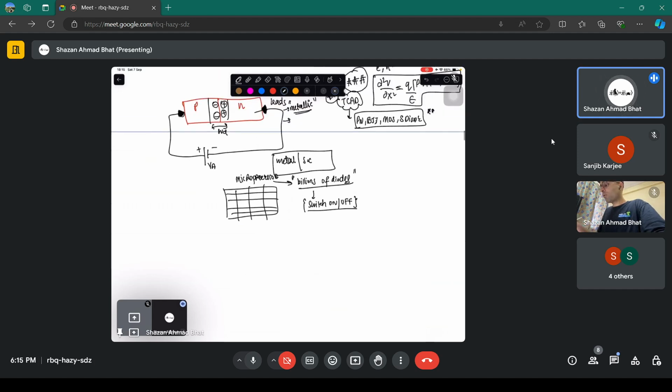And you know that a diode is used to switch things on and off. If you apply forward bias, you have turned it on. If you apply reverse bias, you have turned it off. And by this, you get control of something like 1 0 1 0. You can convert it into ones and zeros. That's the binary code. That is how processors and computers work, the binary language.